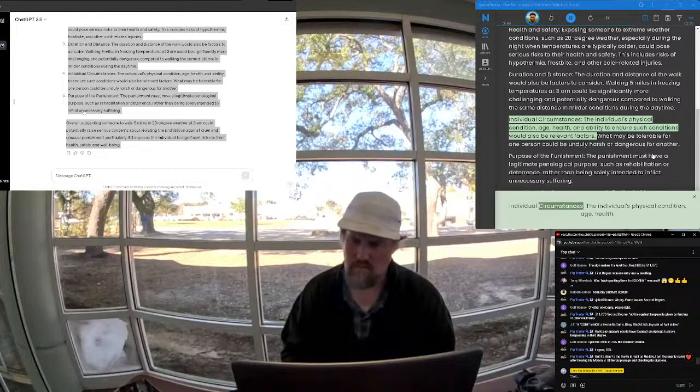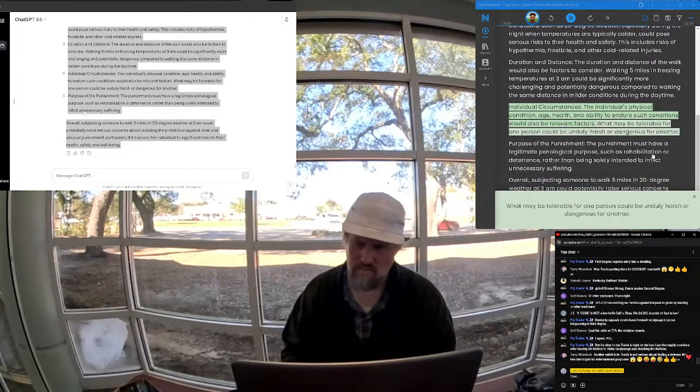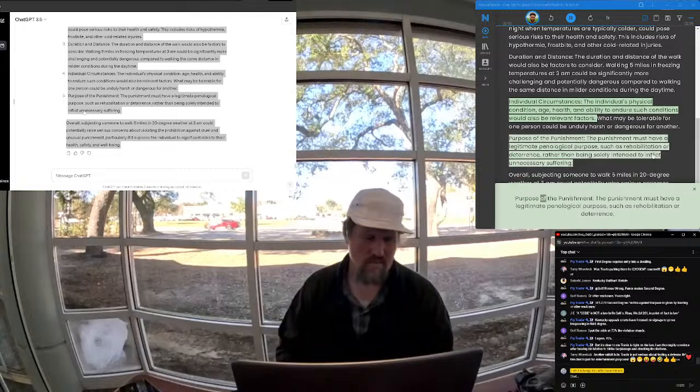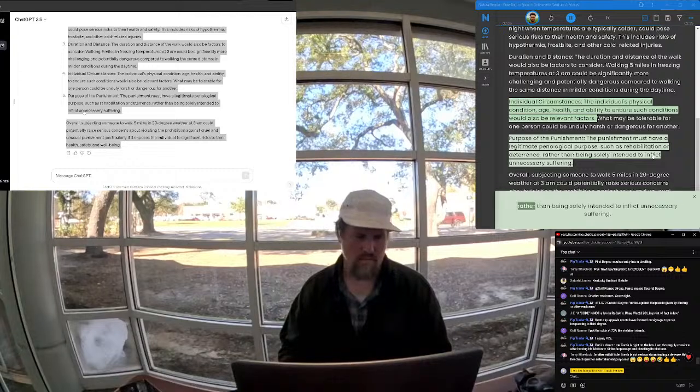Individual circumstances. The individual's physical condition, age, health, and ability to endure such conditions would also be relevant factors. What may be tolerable for one person could be unduly harsh or dangerous for another. Purpose of the punishment. The punishment must have a legitimate penological purpose, such as rehabilitation or deterrence, rather than being solely intended to inflict unnecessary suffering.